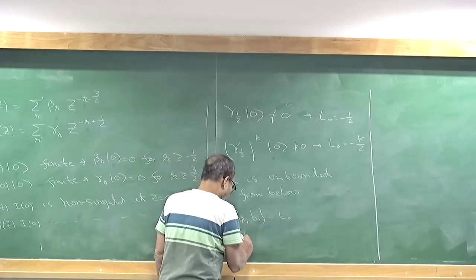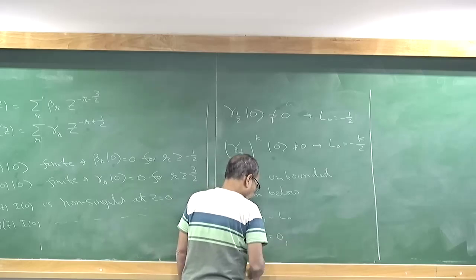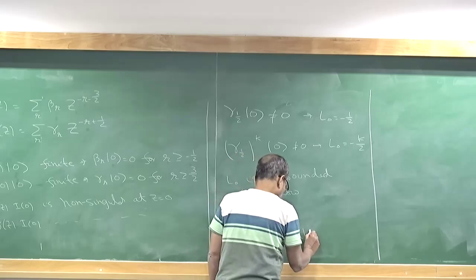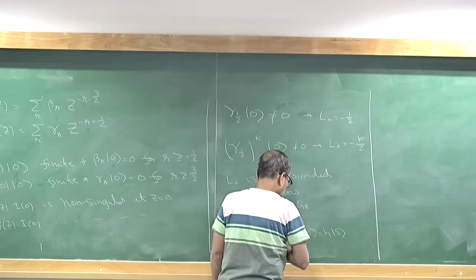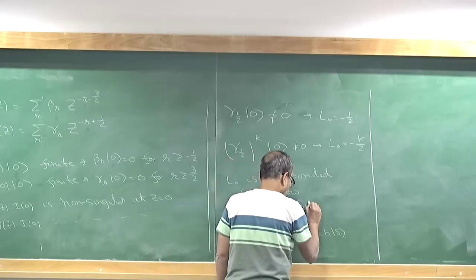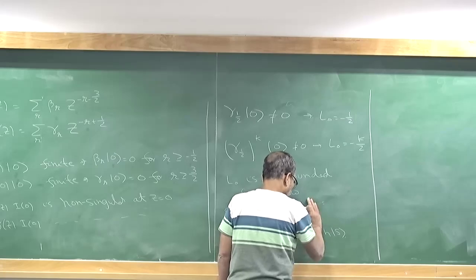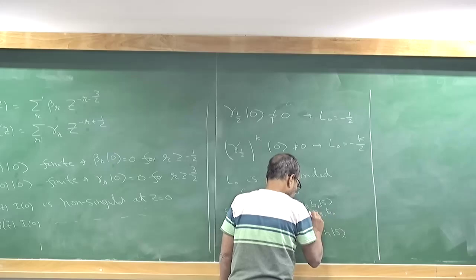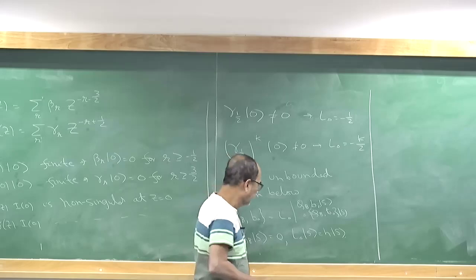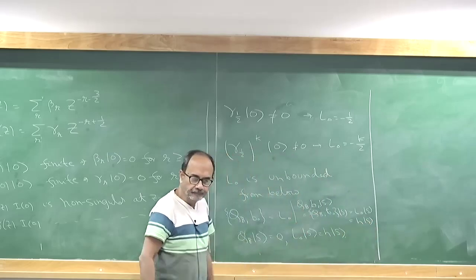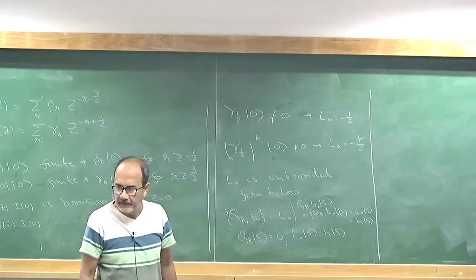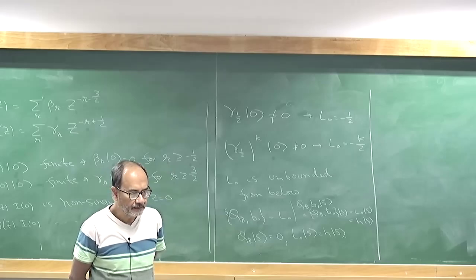So QB with B0 equals L0. Suppose QB S is 0, and suppose L0 on S is H on S. Then QB B0 S is equal to QB B0 S, because QB on S is 0, which gives L0 S, which is H S. So S is 1 over H times QB B0 S. So any state which has L0 not equal to 0 and which is QB invariant can be removed from cohomology. None of these will be in the cohomology.